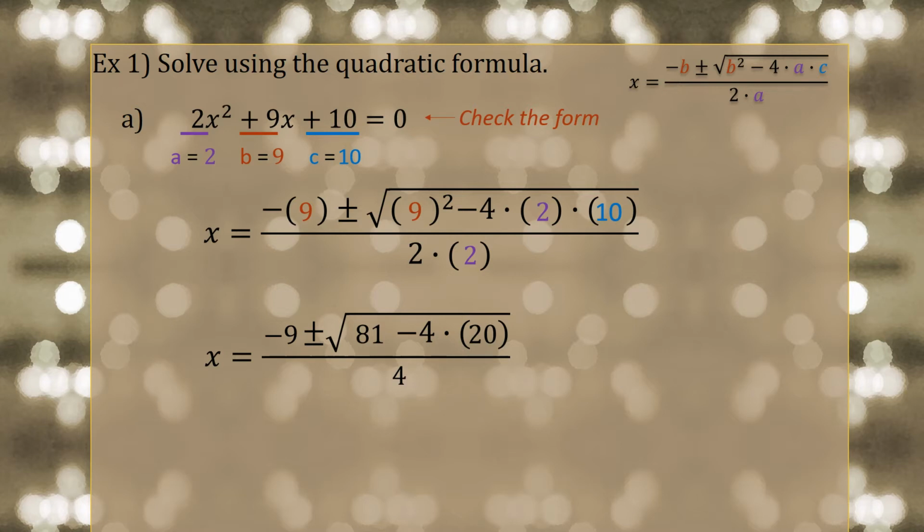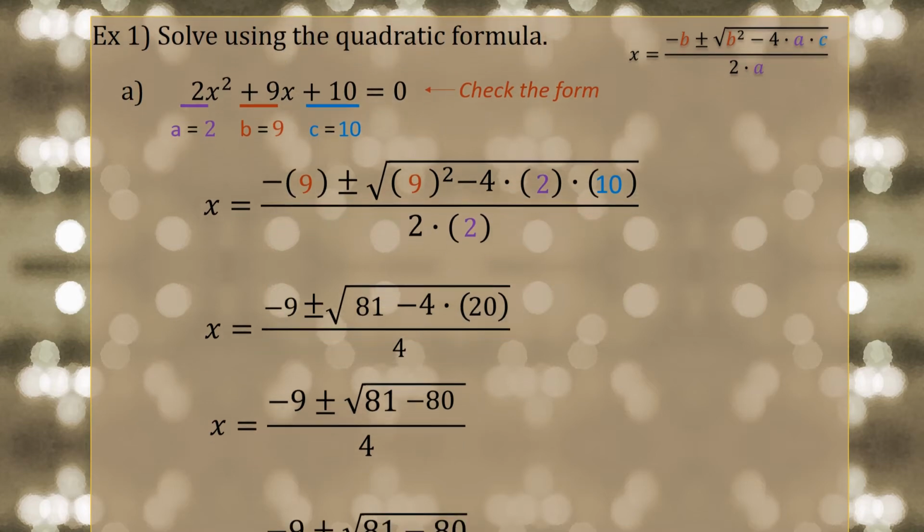So we have simplified a lot of parts, but there's still some to focus on under the radical. The part that we have to deal with is the multiplication. Under the radical, we have a negative 4 times a positive 20, which we know gives us negative 80. But we're not done yet.